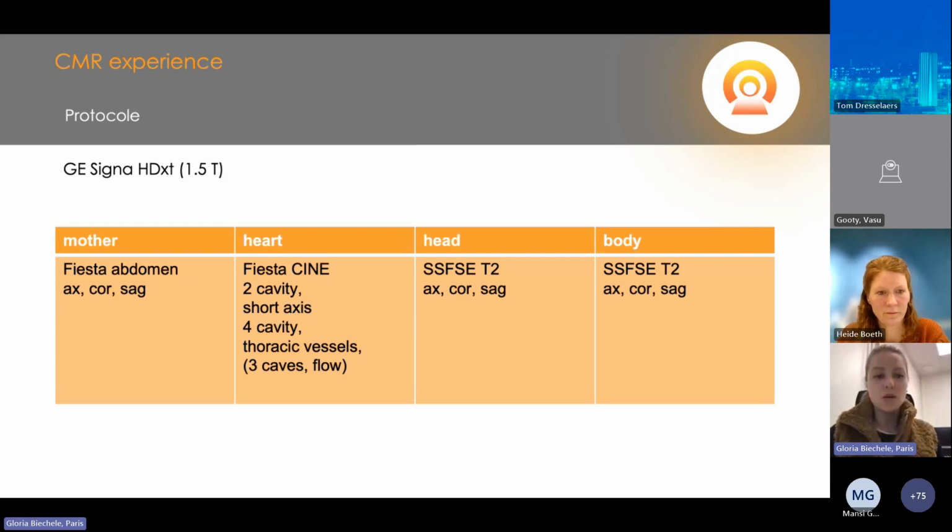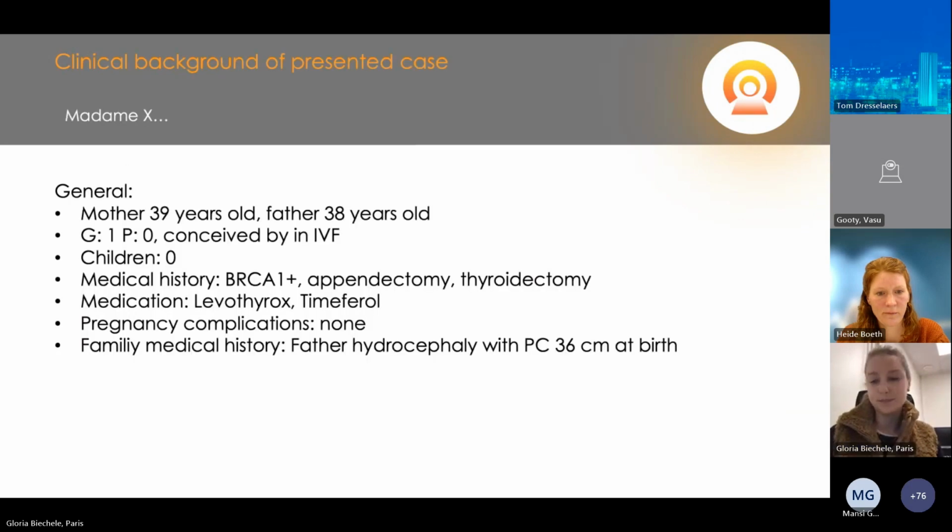We always start with maternal sequences with axial, coronal, and sagittal orientation, which is then followed by the fetal heart, which we try to do immediately, because after that the fetus tends to be quite calm, as they are in apnea, in breath hold. Then we go on with the protocol that follows, which includes heart and body sequences.